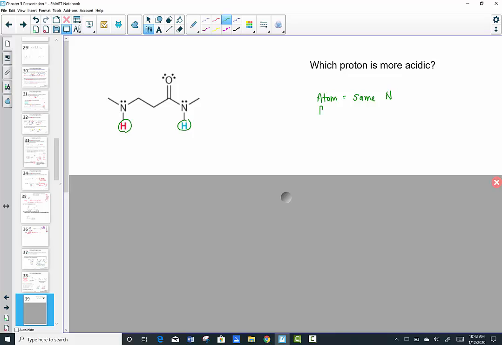Does either of those lone pair electrons have the ability to be stabilized through resonance? And clearly you see a nearby pi bond in the blue proton. The resonance structure, if I were to abstract the proton in red, we would get a lone pair and a negative charge on the nitrogen.